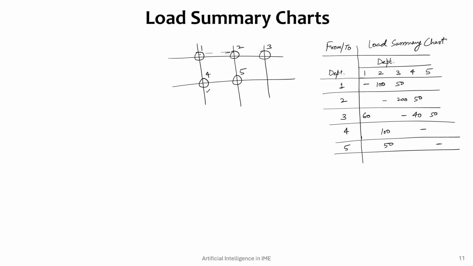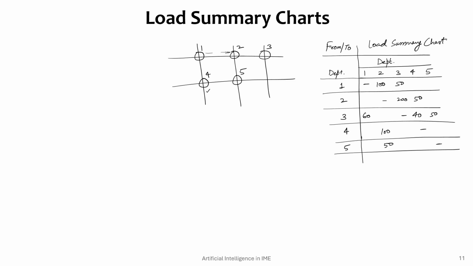We need to reallocate the departments so that the load between adjacent departments is higher and between non-adjacent departments is lower. Why? So that the travel of materials, people or equipment between non-adjacent departments reduces, and it will overall reduce the cost of operations in your facility layout.